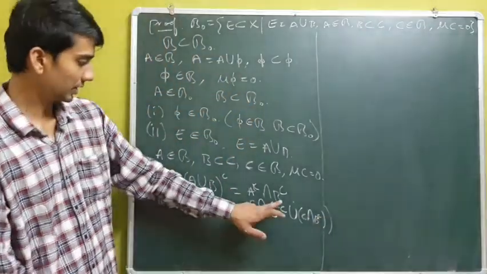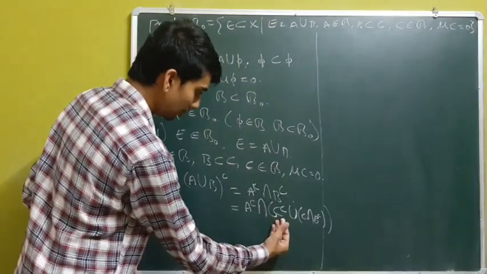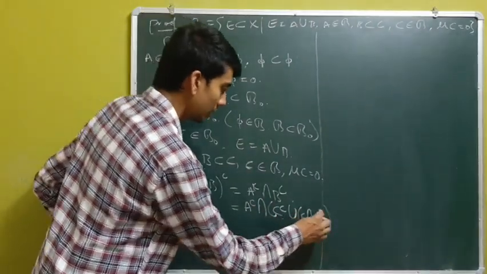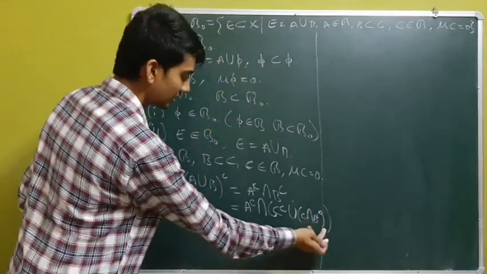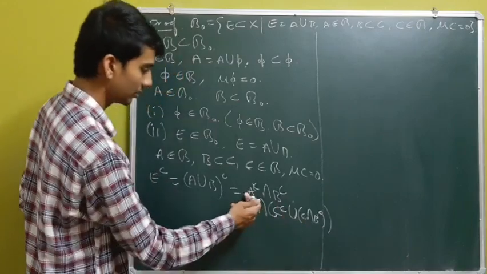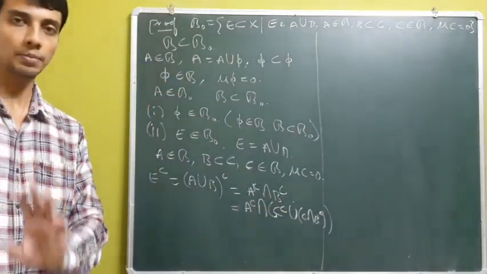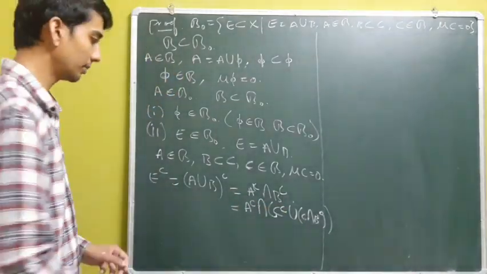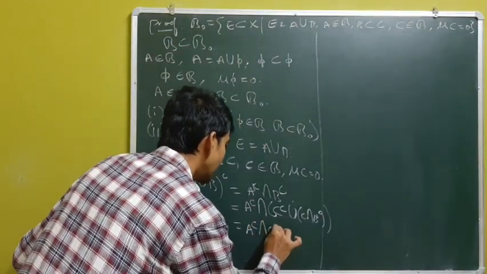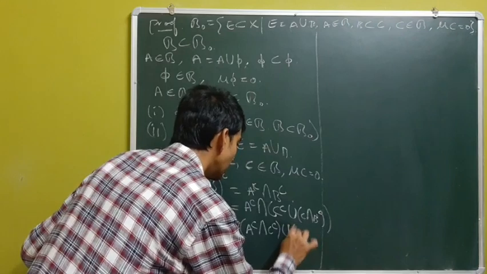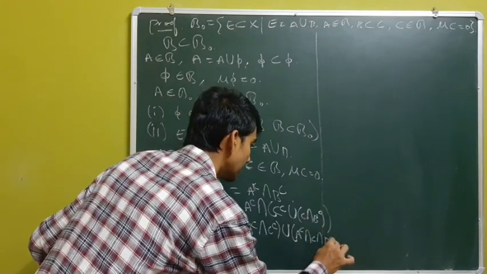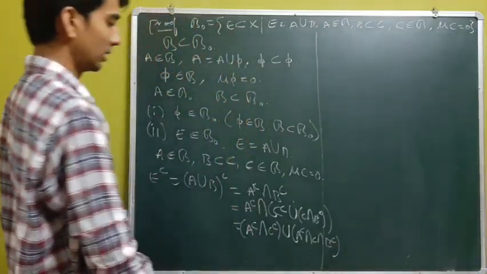So I am replacing B complement by C complement union with C intersection B complement, so that C complement union (C intersection B complement) is B complement, and A complement intersection this will be the same as A complement intersection B complement. And again, this is clearly the same as (A complement intersection C complement) union (A complement intersection C intersection B complement).